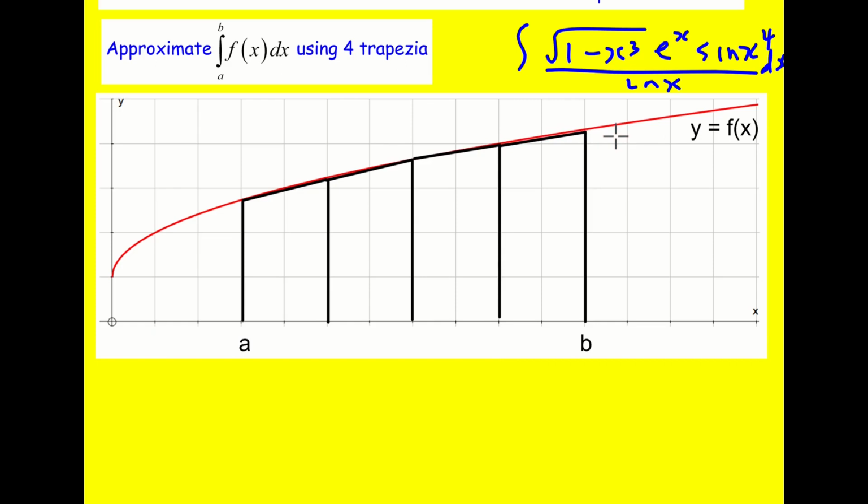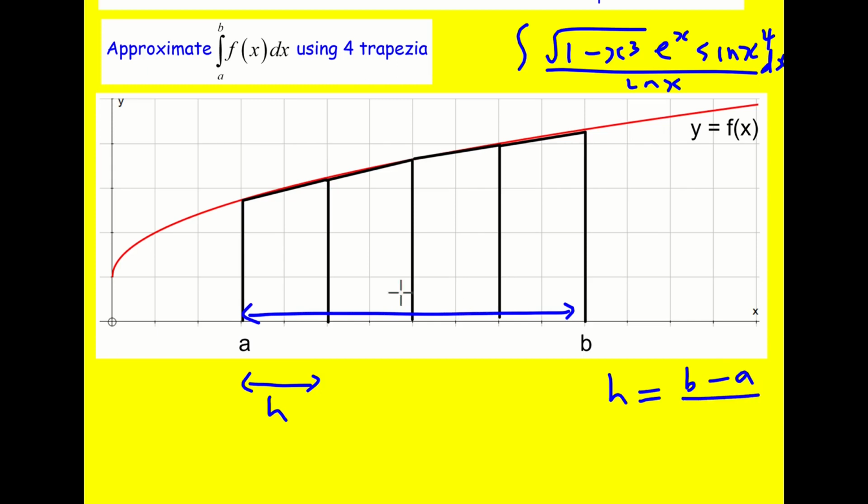Did I say 4? Sorry, I don't know what I just said there, but I think there's going to be 2 squares in height. And how could we get it in general? Well, I'm going to call this little thing h, but they're all h. And it's going to be this length here, which is b minus a, and then I'm going to be dividing by the number of intervals I'm splitting it into. So in this case, 4.